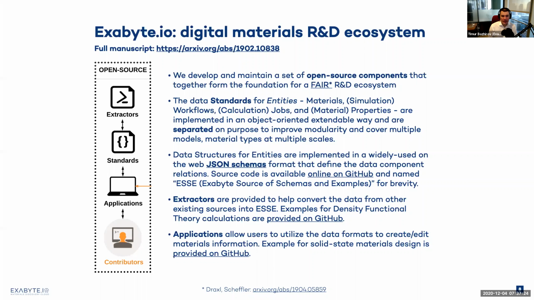So we start with a set of data standards for entities that the platform operates with, such as material structures, simulation workflows, calculation jobs. And we produce a set of extractors that can take information in native formats produced by other tools, simulation packages, for example, and convert it into the standards that we operate with in the platform. And again, these are all open source tools.